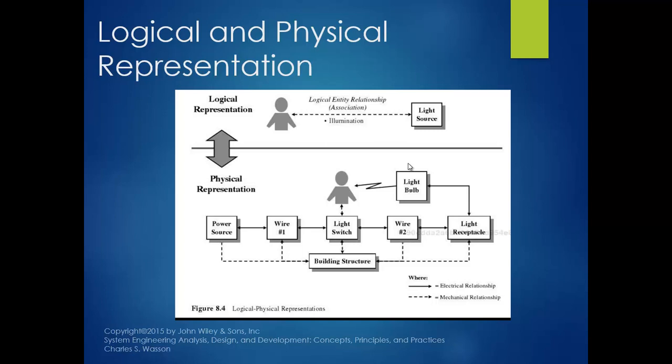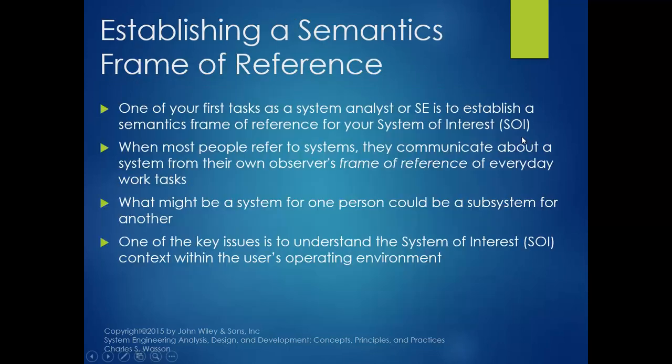So we know that the light switch is within the building structure, the light receptacle is within the building structure, and the power source is within the building structure. That's a mechanical relationship. But with the power source, the wires, and the light switch, we have more of an electrical relationship that will show how they interact with each other.